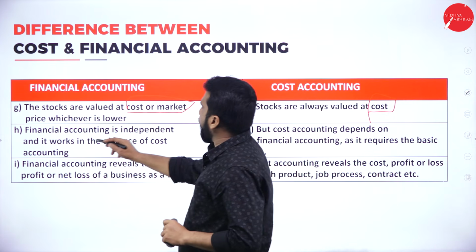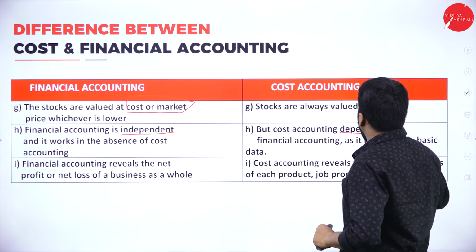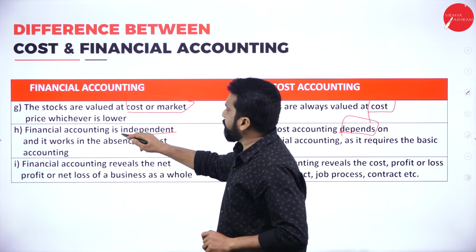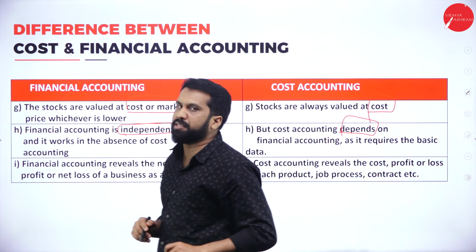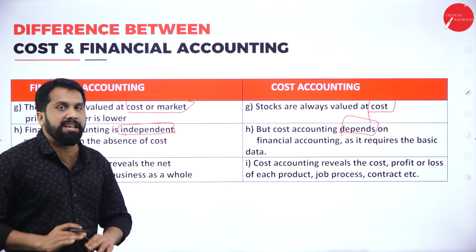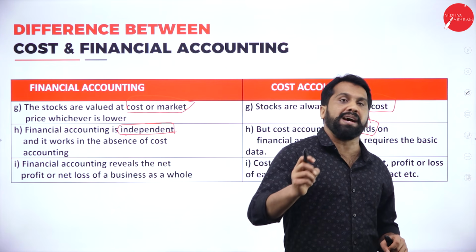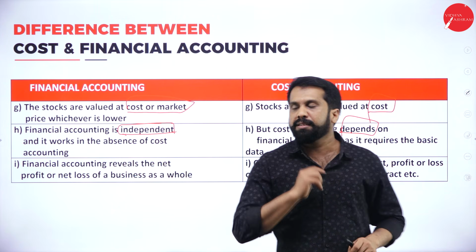Next, financial accounting is independent, whereas cost accounting is dependent. Very simple. Independent means while doing financial accounting, you are not influenced by anybody. But while preparing cost accounting, you are influenced by many things. Clear? Yes.